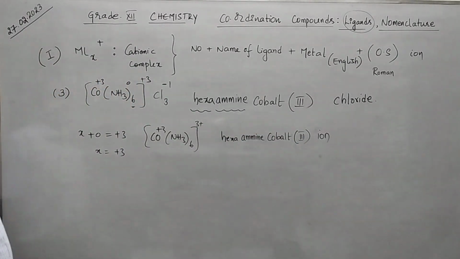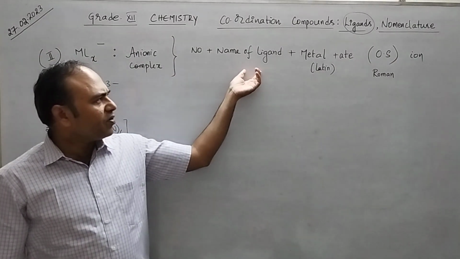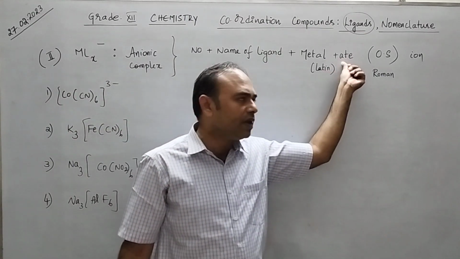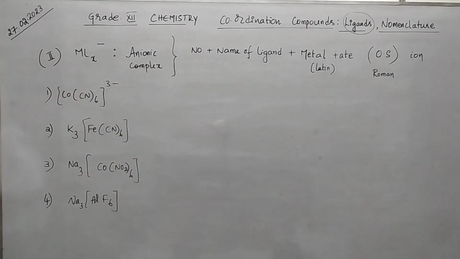Now let us see the next one, that is with the negative charge, the anionic complex. The second type, that is the anionic complex, ML to the X minus. We know the formula: number, name of ligand, and here the metal will be in Latin, and suffix ate. We have to write the oxidation state in Roman number and ion. So this will be our formula.